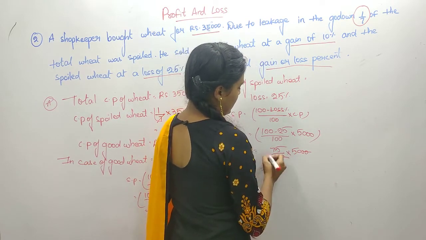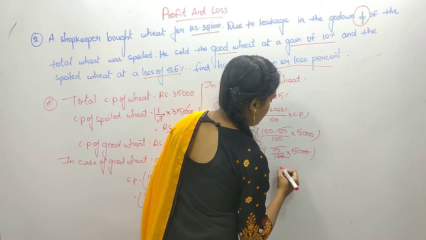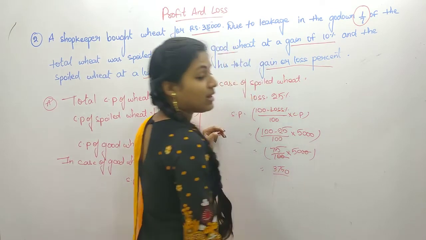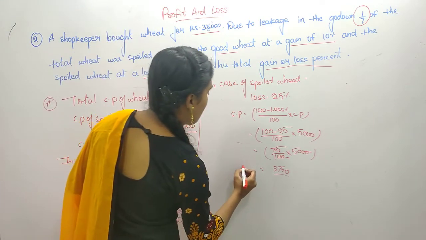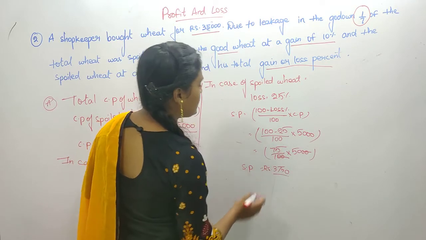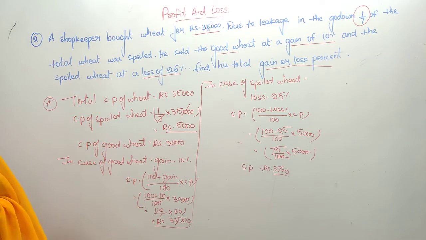By multiplying these, the answer is Rupees 3,750. The selling price of spoiled wheat is Rupees 3,750.